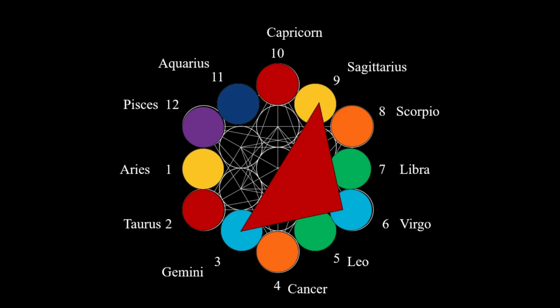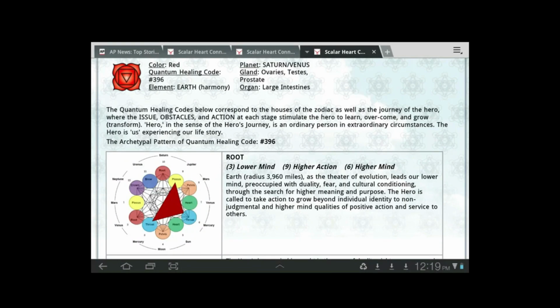And within this, we can look at each quantum healing code as referring to a different house. So 3 would represent the lower mind of Gemini, with 9 being the expansive house of Sagittarius, with the higher mind of Virgo. And these come together to form what I refer to as a quantum healing code archetypal pattern.